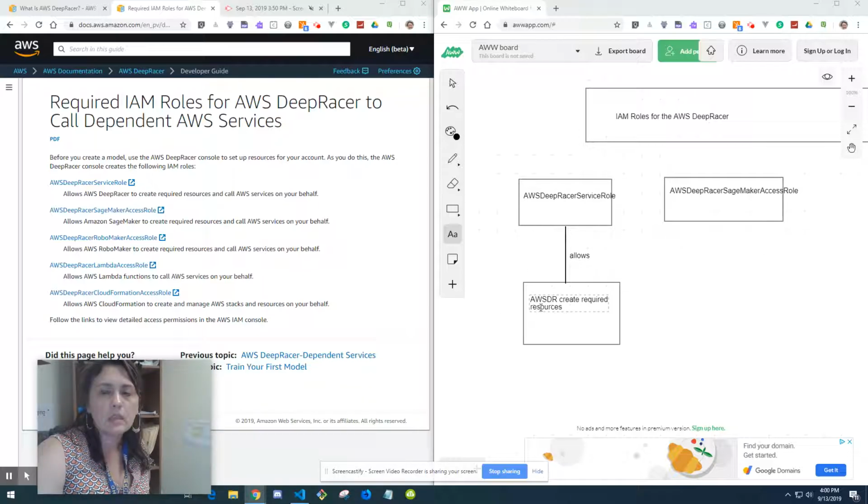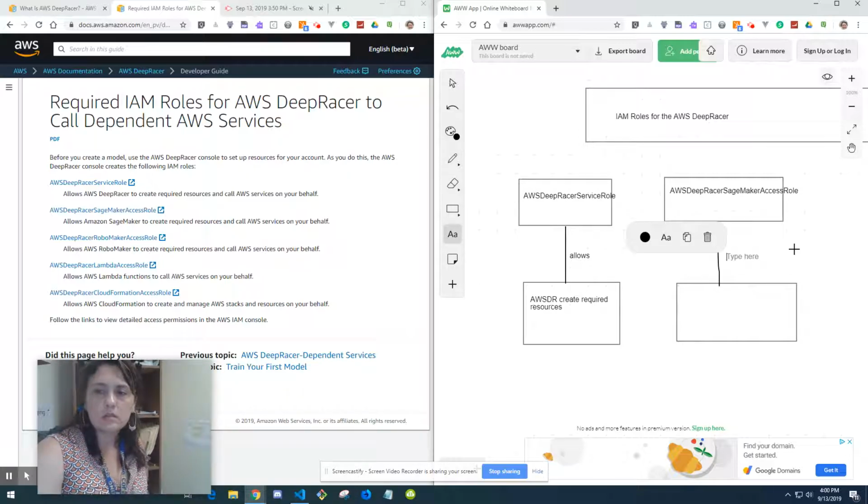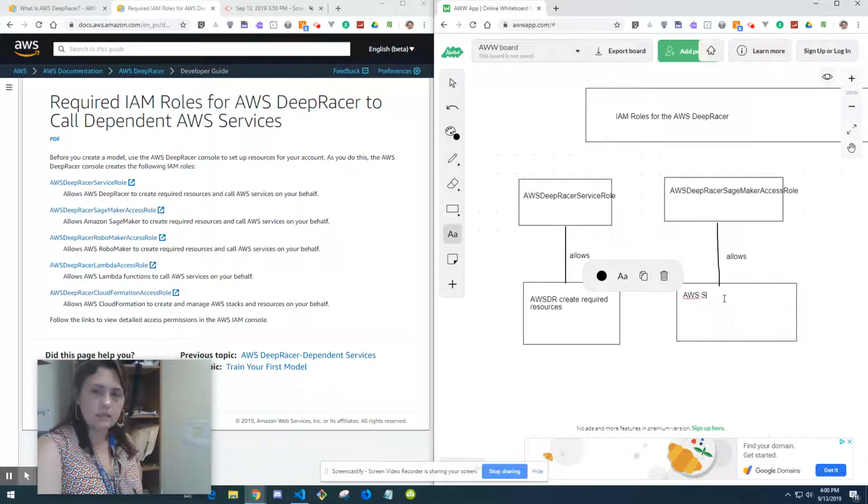So we'll put allows AWS SageMaker to create required resources.